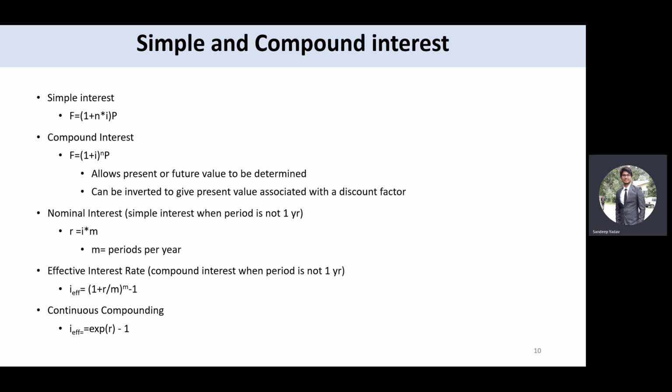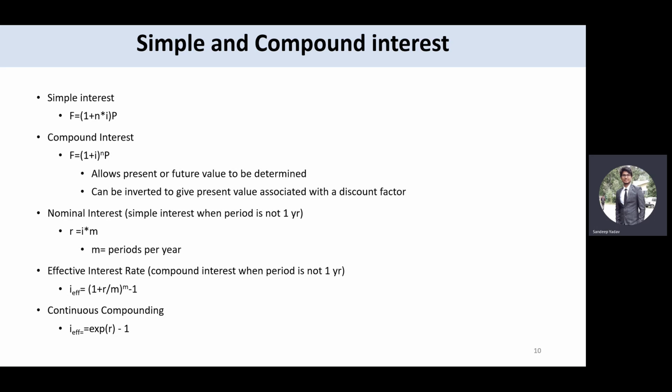There are some more types of interest. That is nominal interest, or simple interest when the period is not 1 year. The nominal interest rate will be i × m, where m is the period of the year. Also the effective interest, or compound interest when the period is not 1 year, will be i effective = (1 + r/m)^m − 1.